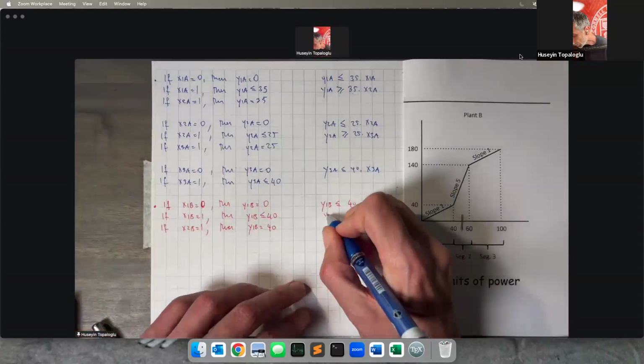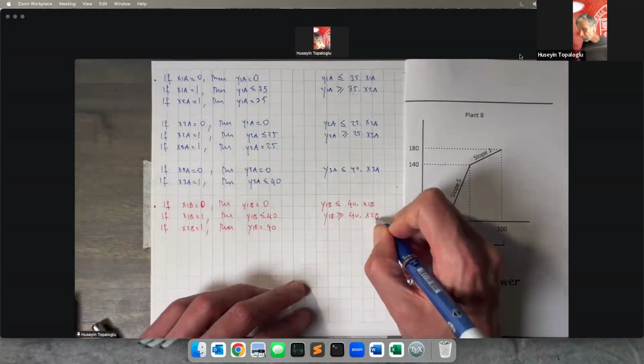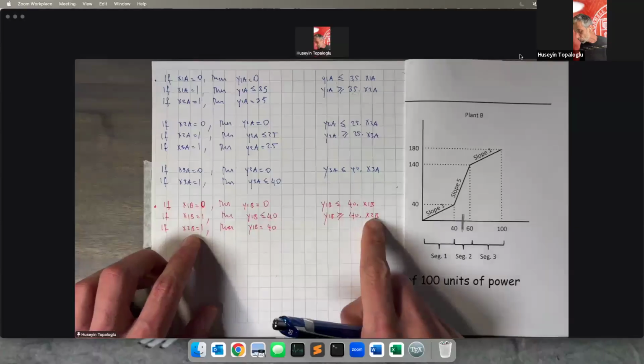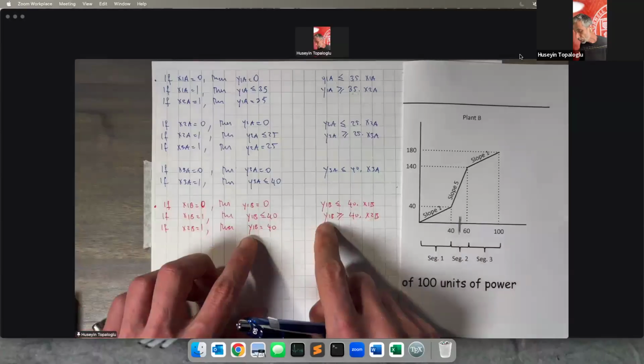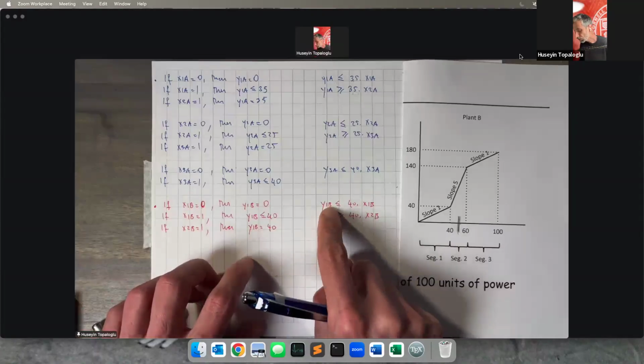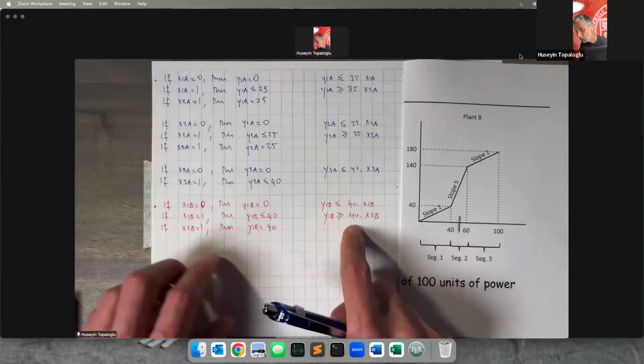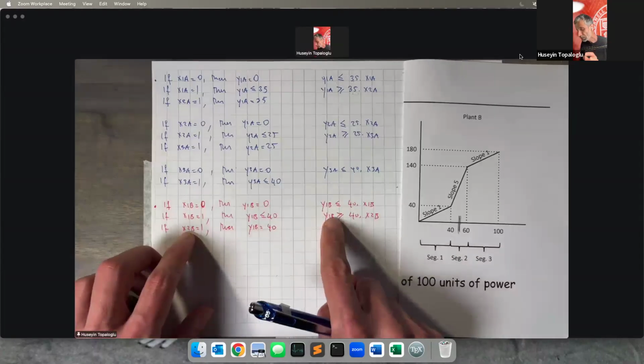To ensure that, we're going to write a constraint y1b is greater than or equal to 40 times x2b. That means that if the second segment is utilized in plant B, then the utilization of the first segment in plant B has to be at least 40. By the first constraint, utilization of the first segment in plant B is at most 40. These two constraints are going to ensure that if x2b is equal to 1, y1b is going to snap to 40.